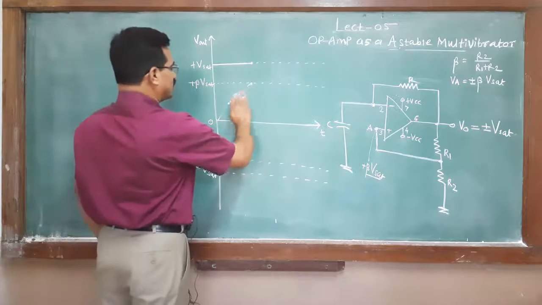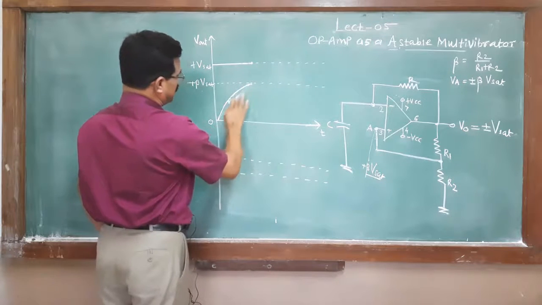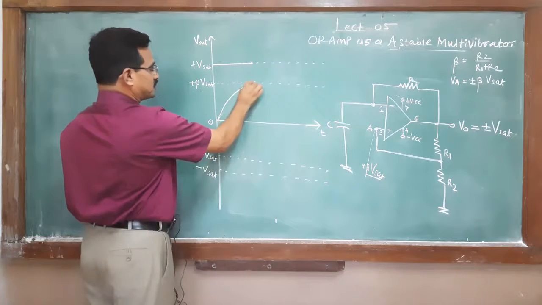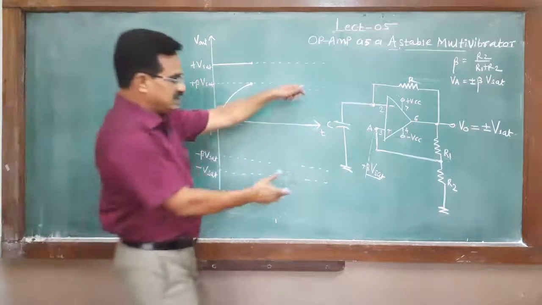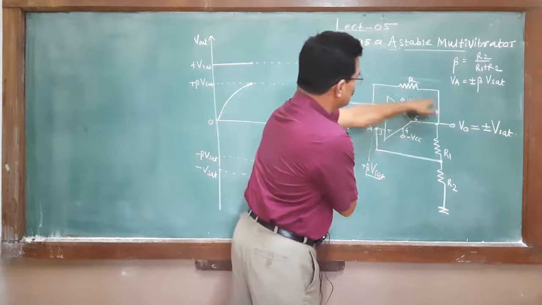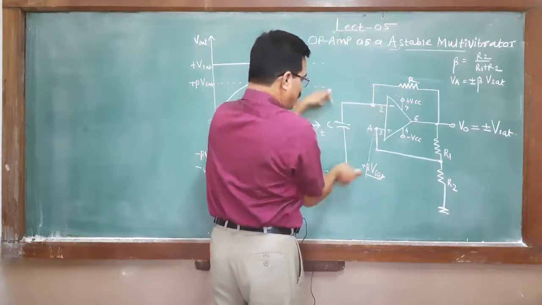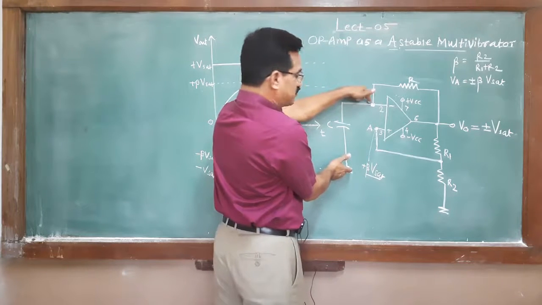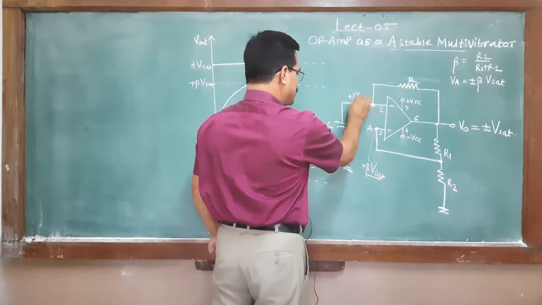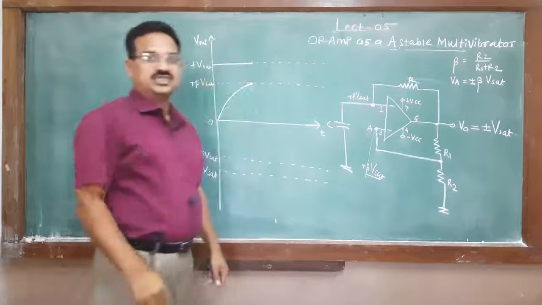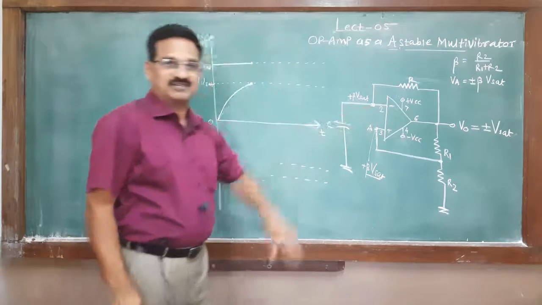Charging of the capacitor is exponential. The capacitor voltage increases up to the voltage level beta V saturation. Voltage across the capacitor means voltage at this point, and when the voltage at this point is beta V saturation, these two voltages are equal.